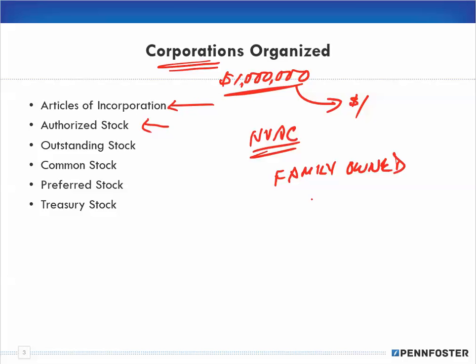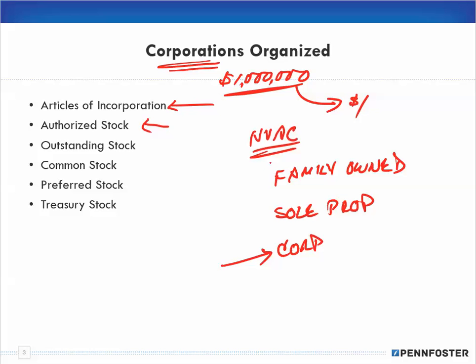Because you own it, but instead of being a sole proprietor, you decide to create the corporation in order to separate yourself legally from that entity, okay? So that if somebody sues, they're going to attack the corporation. They're not going to come back and attack your assets personally. So you set up the authorized stock of 1 million shares, okay?